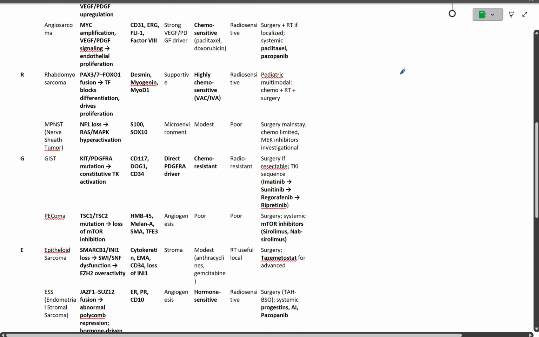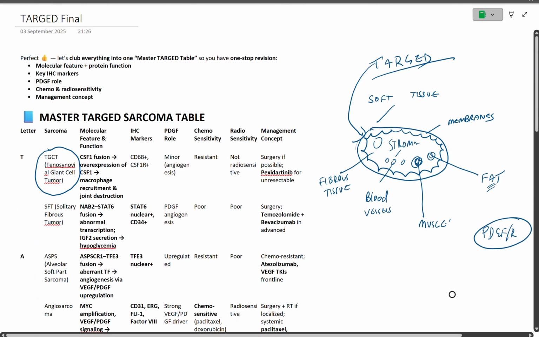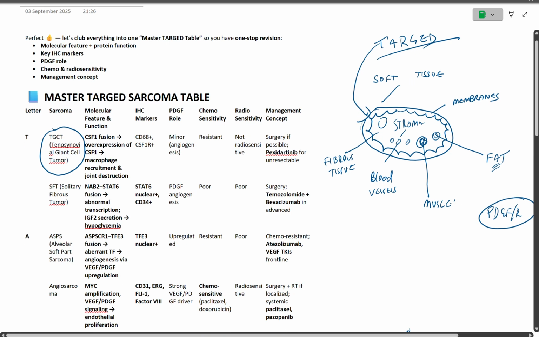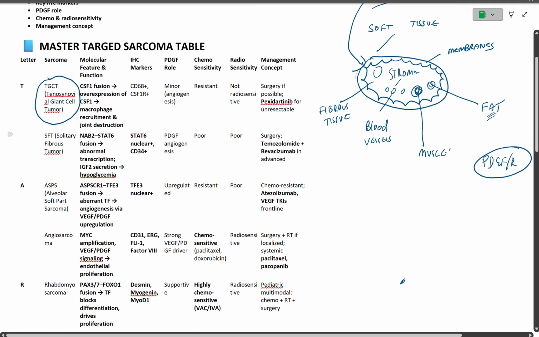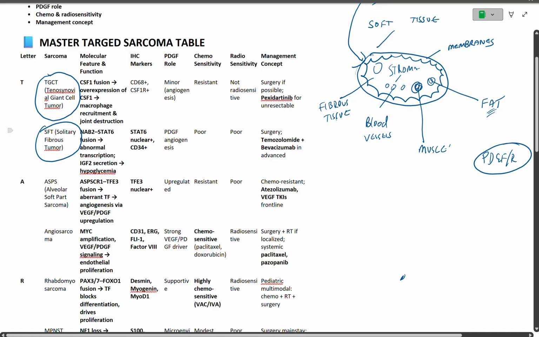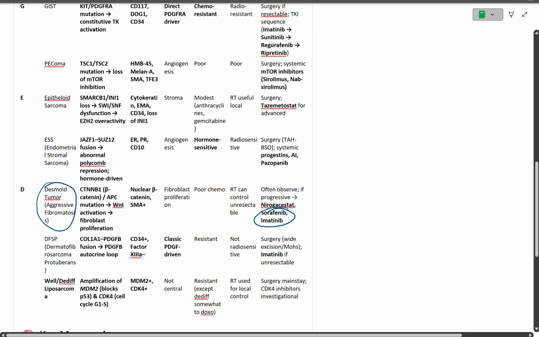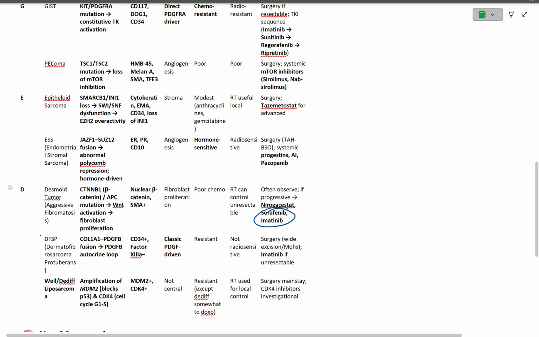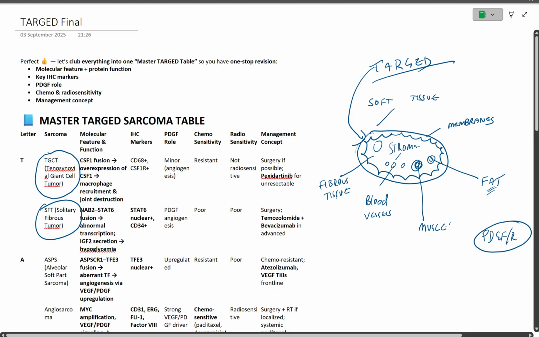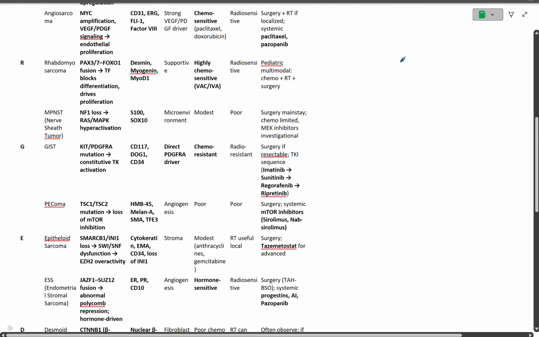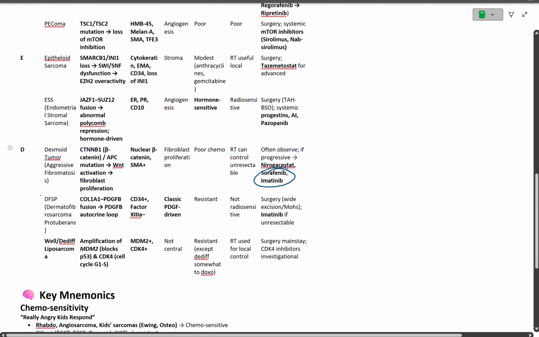Okay, and then you can say for the fibrous tissue, you can have a solitary fibrous tumor, or you can have dermatofibrosarcoma protuberans, and you can have desmoid tumor. These are all fibrous. If you come to the fat component, you will come to liposarcoma.